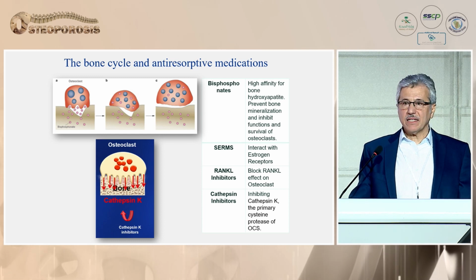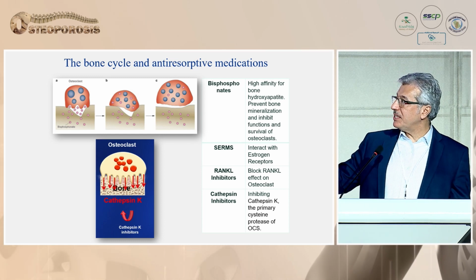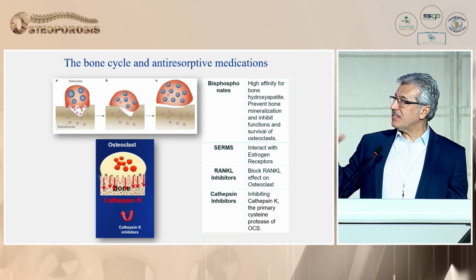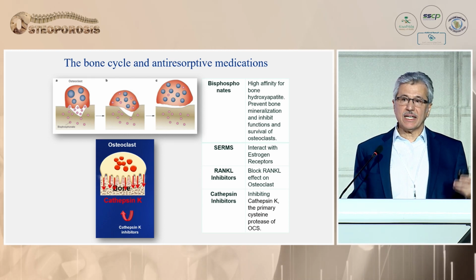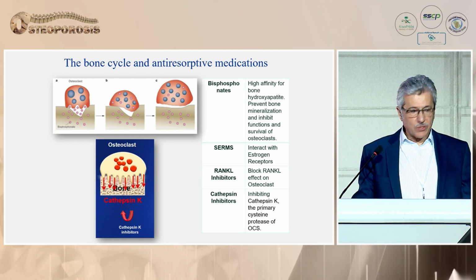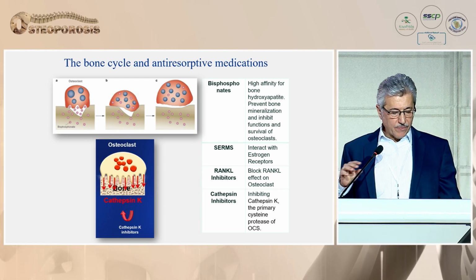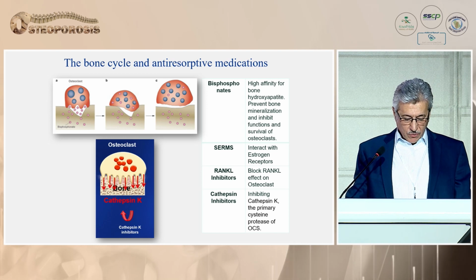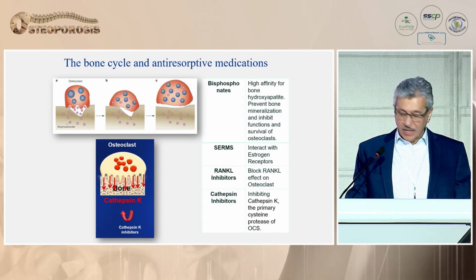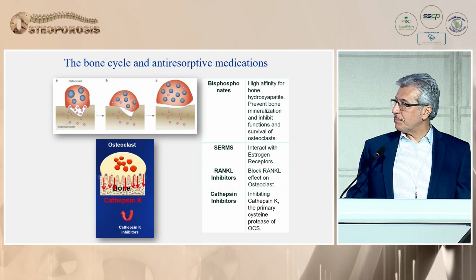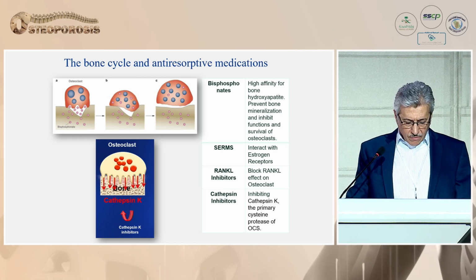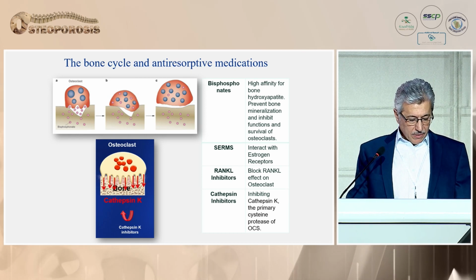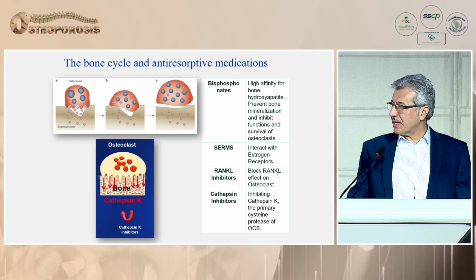So this is basically how it works. And because it adheres to the bone, it can be released slowly. Its effect can stay for a long time, even after you're stopping the medication, which is a point that we will discuss later on.